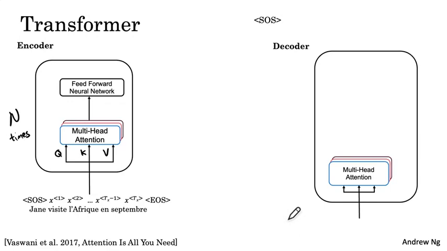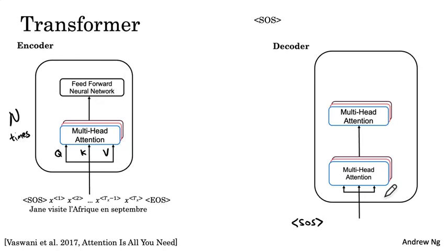When we're just getting started, the only thing we know is that the translation will start with a start of sentence token. And so the start of sentence token gets fed in to this multi-head attention block. And just this one token, the SOS token, start of sentence, is used to compute Q, K, and V for this multi-head attention block.